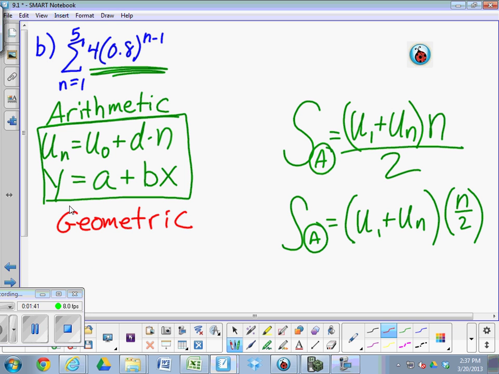And instead of starting with U0 and adding the common difference, it multiplied by the common ratio n times. So n was the exponent. So when you see a formula like this, you may not use these.